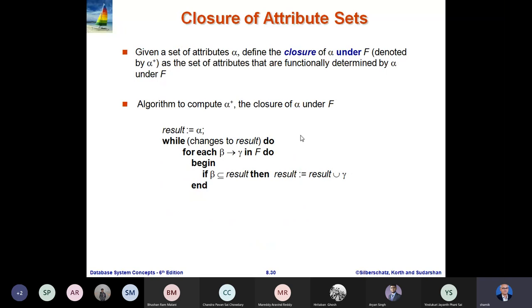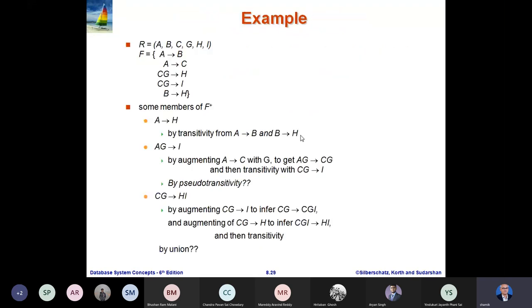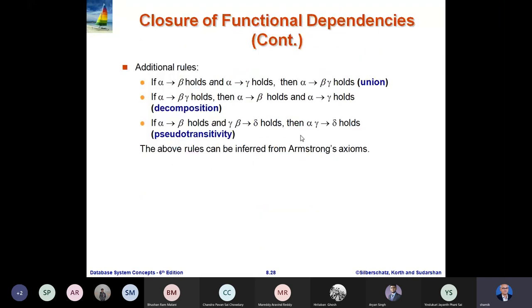So for that, we have to compute what is called the closure of alpha. It is very simple. Based on this F, and applying Armstrong's axioms and these rules, for example, if we get alpha to beta and alpha to gamma, then alpha to beta gamma will also be in alpha plus. Alpha plus will have whatever is there in alpha, and along with that, whatever others are functionally dependent on alpha.